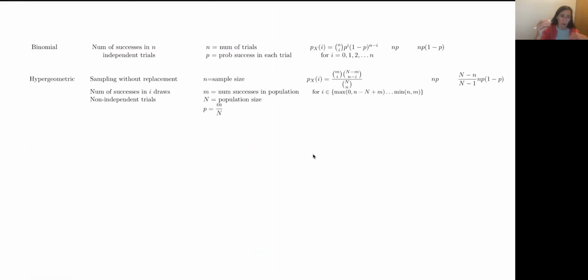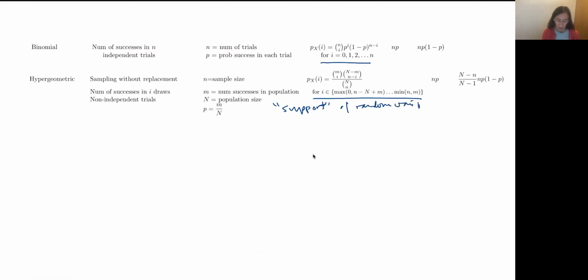For all the discrete random variables in the table, I've got little notation here about the values that it can take, and that would be called the support of the random variable.